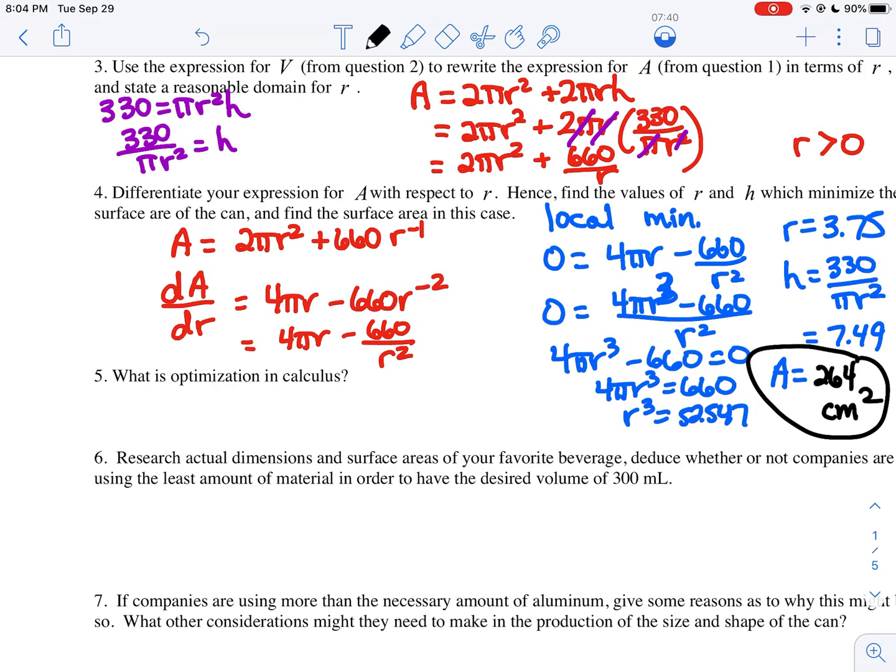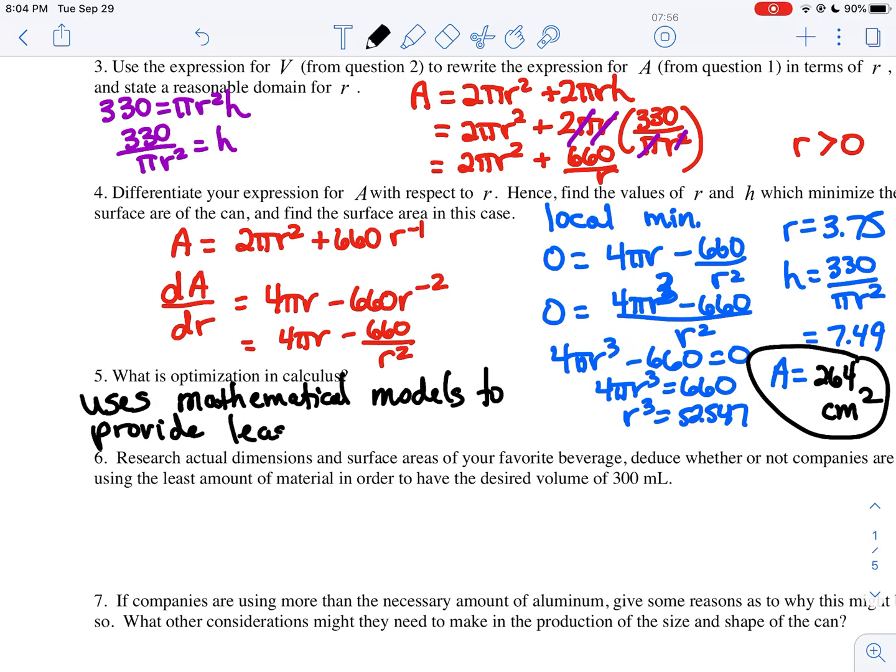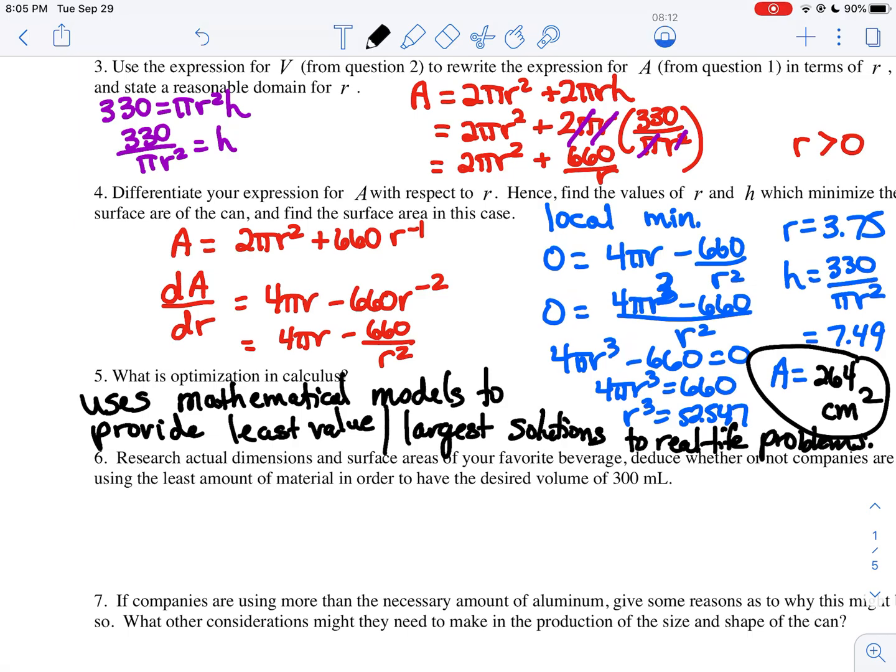So optimization in calculus uses mathematical models to provide least value or largest solutions to real life problems. So I hope you found that was actually pretty cool.